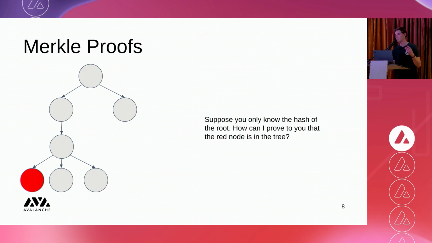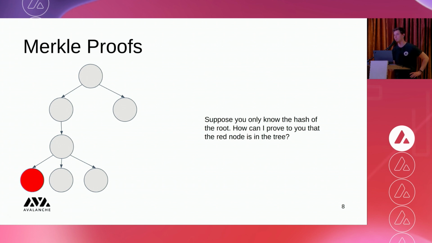Okay, there's this cool thing that you can do with Merkle trees called a Merkle proof. And what this allows you to do is prove the existence or non-existence of a piece of data in the tree. So suppose that you only know the hash of the root of this tree, and I want to prove to you that this node is in the tree. It doesn't have to be this one specifically because it's in the bottom left.